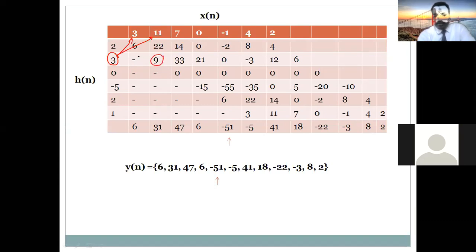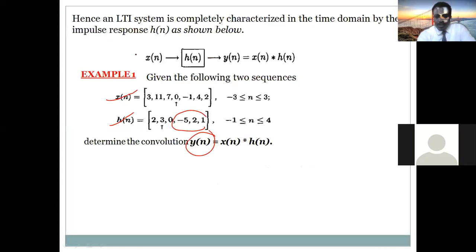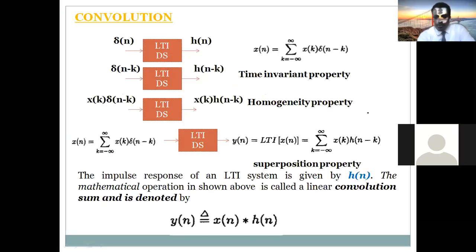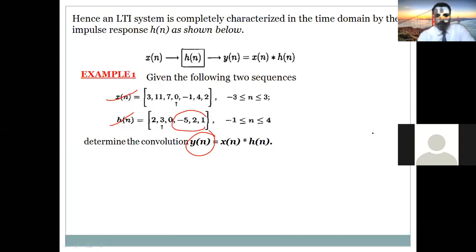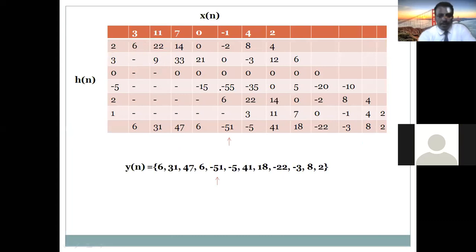But before we multiply, as I said, you have to shift, because in the convolution sum formula there is a shift operation. So that's why we jump by 1, shift, then multiply. 3 times 3, it will be 9. 3 times 11, 33 here. 3 times 7, 21 here. 3 times 0, 0 is here. 3 times minus 1, minus 3. 3 times 4, 12. And 3 times 2, 6.